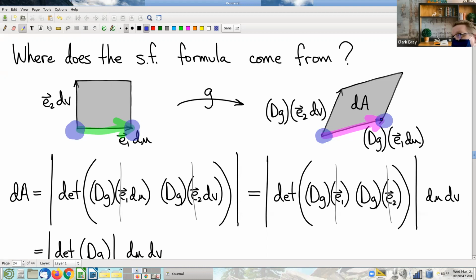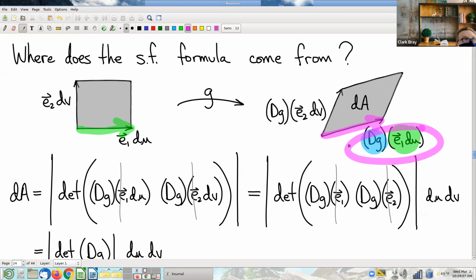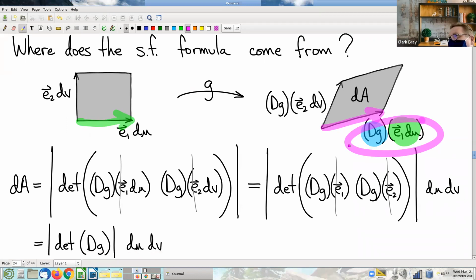I have an input change and I want an output change, and we know how to do that. The relationship between input changes and output changes is that the input change gets multiplied by the derivative, and that gives you your output change. So it's actually a pretty straightforward argument to figure out the formulas for these edge vectors, analogously over here, of course, to figure out those edge vector formulas.